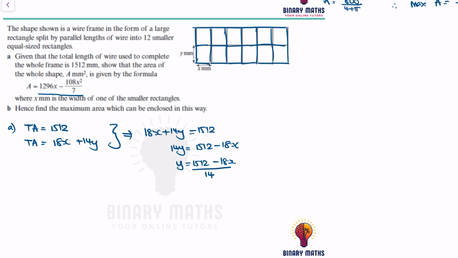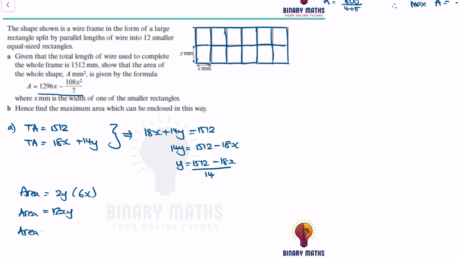Okay, the area is equal to length times width, which is equal to 2y times 6x, which is equal to 12xy.